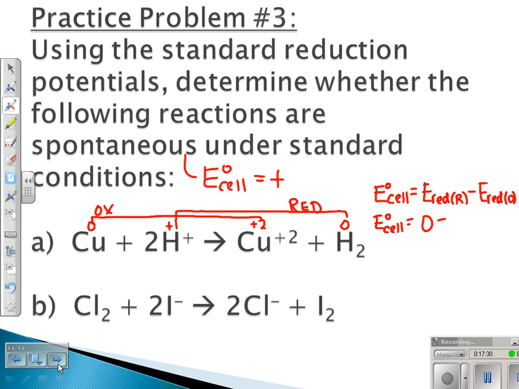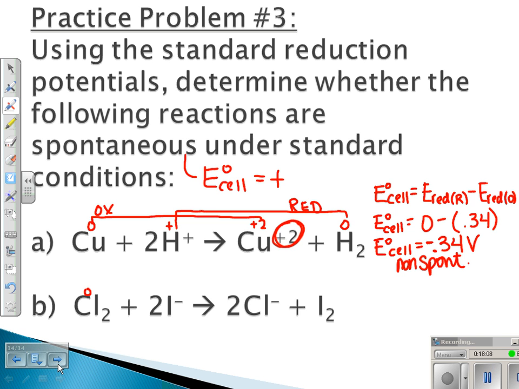And then the reduction potential of the one being oxidized is copper's. So if you look up copper, make sure you look up the copper with plus 2. There's a copper plus 1 and a copper plus 2. You want the one that's plus 2. Its value is 0.34. So when you subtract these, you get negative 0.34 volts. That is negative cell potential, so that is non-spontaneous. So if you set this cell up this way, it will not flow electrons from the anode to the cathode.